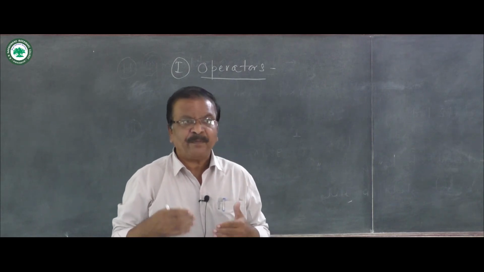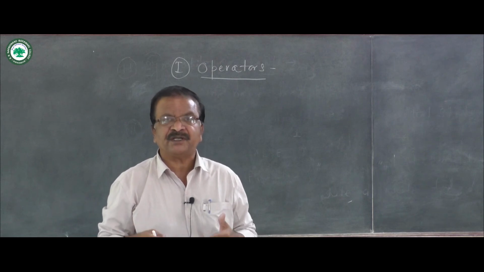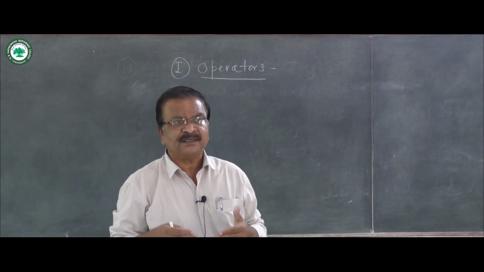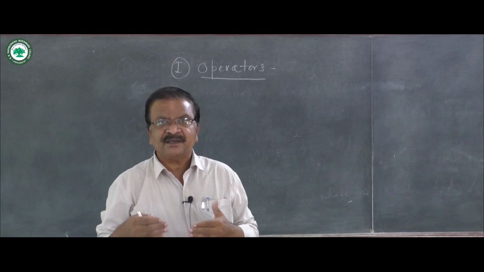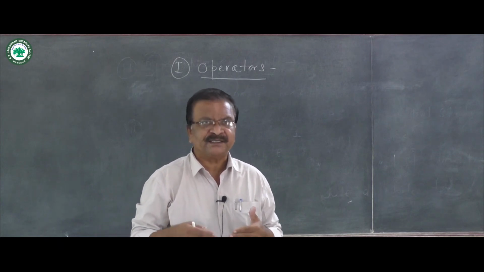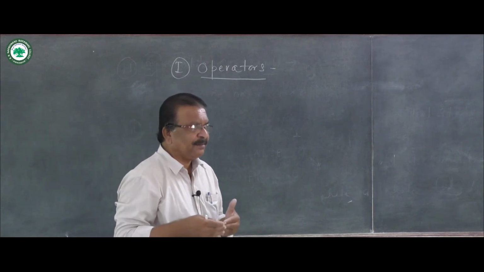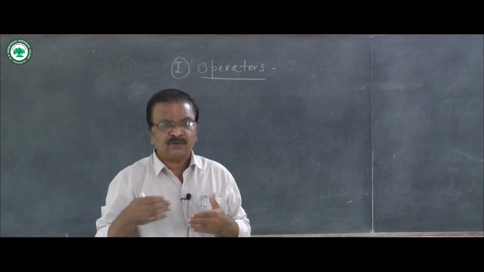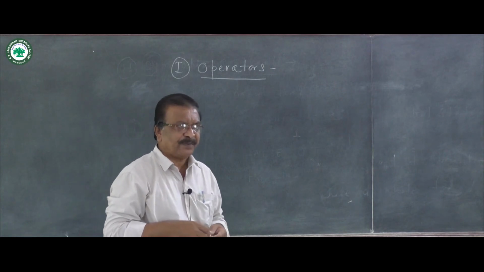If an operator needs 2 data items for its operation, then that operator is called a binary operator. Similarly, a unary operator needs a single operand for its operation, and a ternary operator needs 3 operands. Binary needs 2 operands, unary needs 1 operand, and ternary needs 3 operands for its operation.